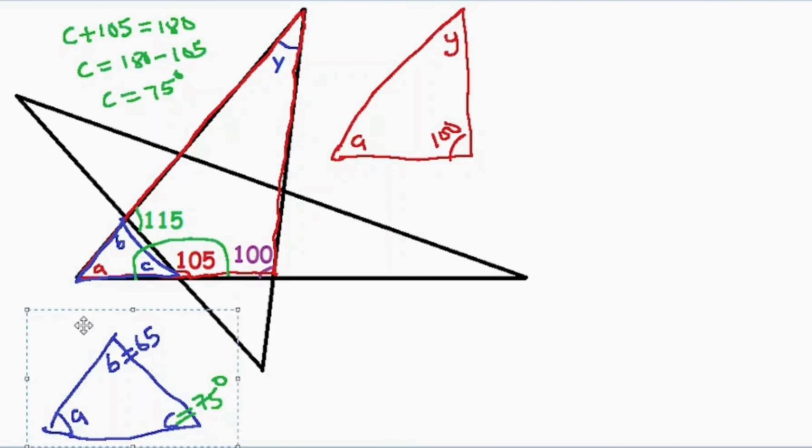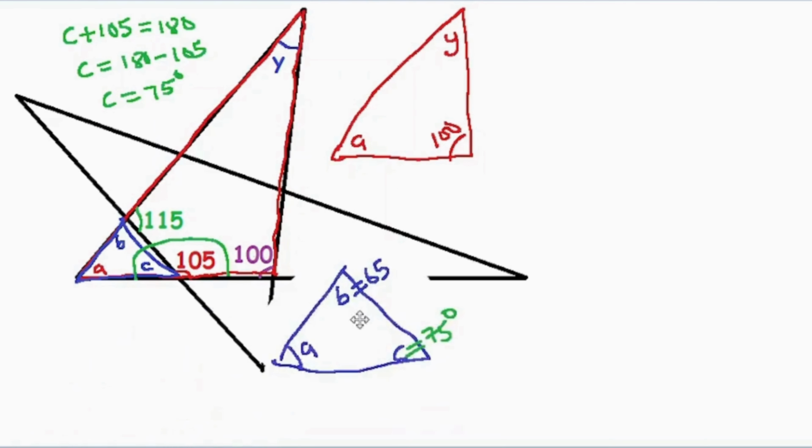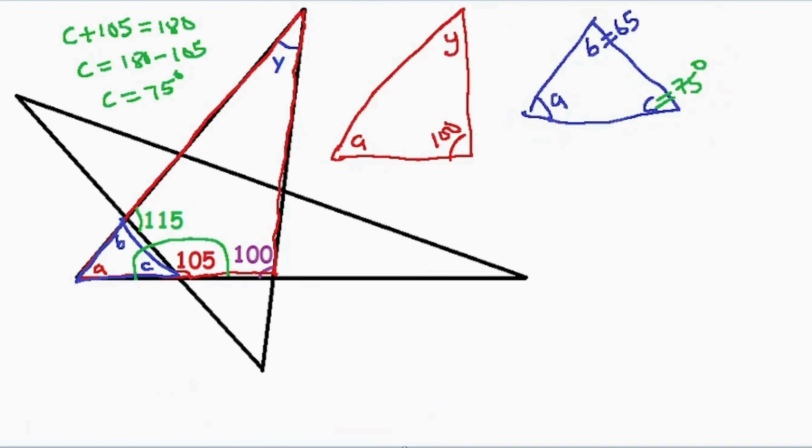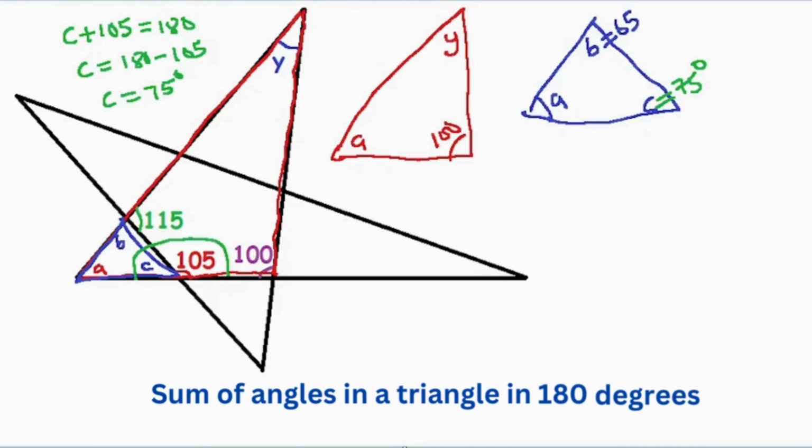Now we have B to be 65 degrees and C to be 75 degrees. So we can proceed to find A. Considering this triangle, we know that sum of angles in a triangle equals 180 degrees. So A plus B plus C equals 180 degrees.